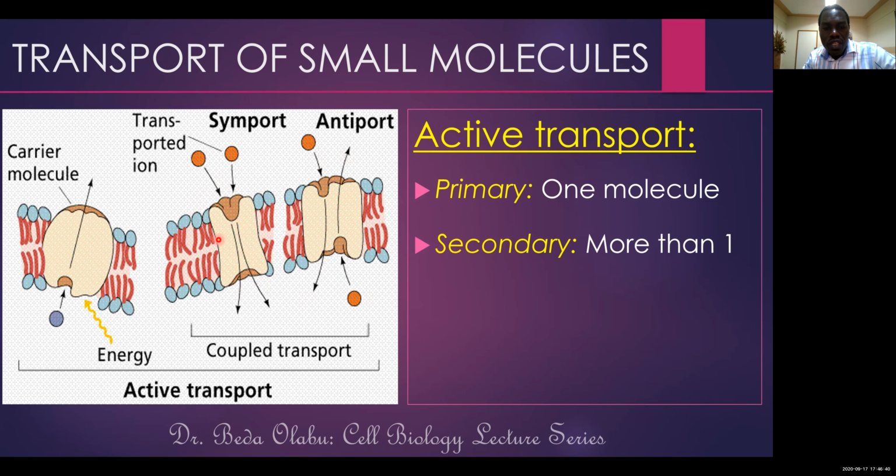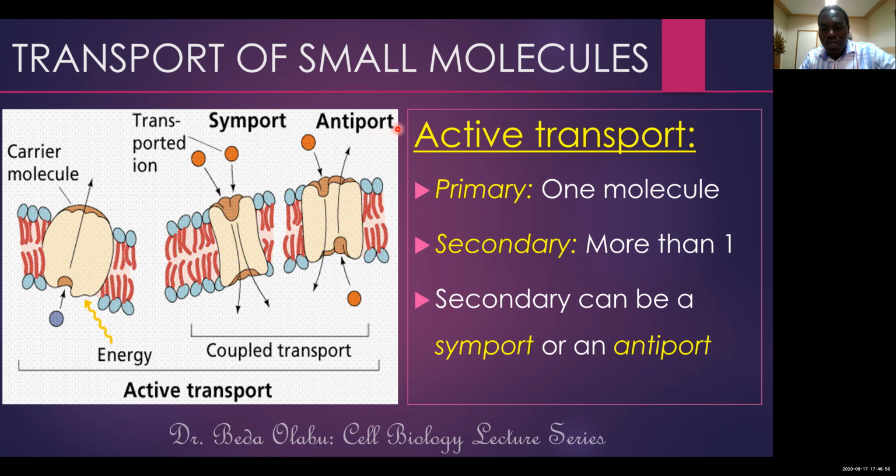If they're moving in the same direction, then we use the term symport. If they're moving in different directions, then you term that as antiport.